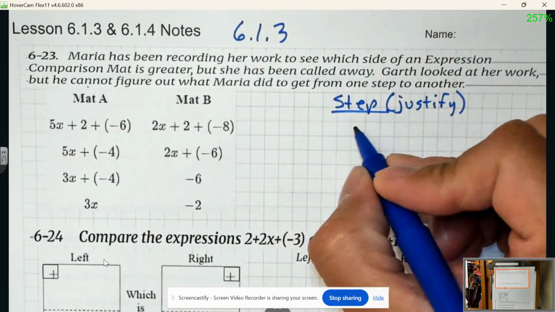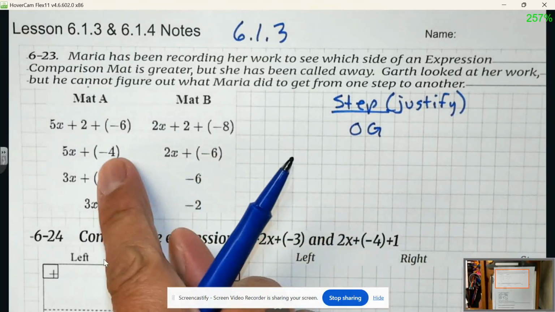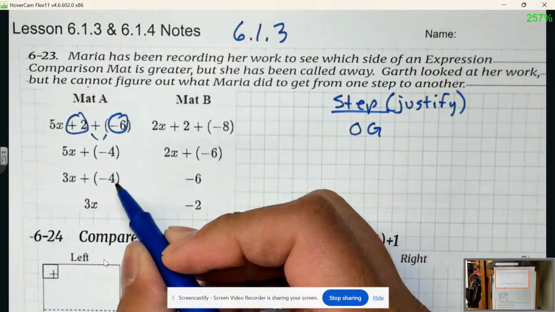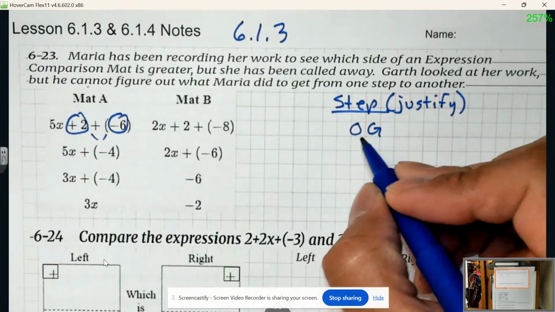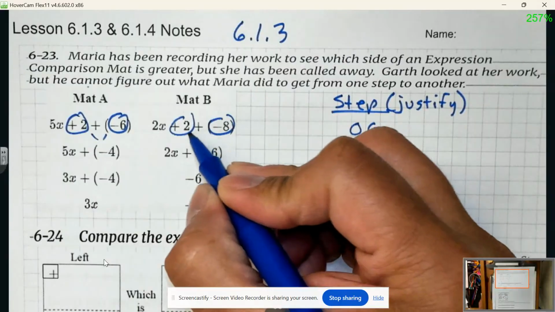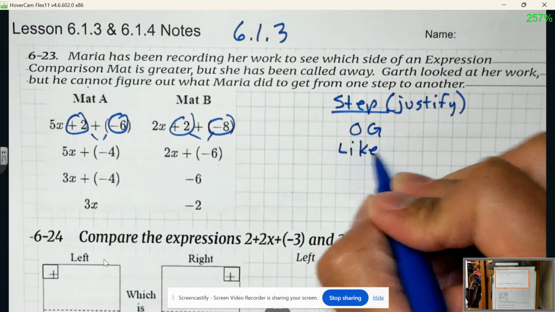So our first step was the original expression, and then the 2 and the negative 6 became a negative 4, and the 2 and the negative 8 became a negative 6. So we're combining our like terms.